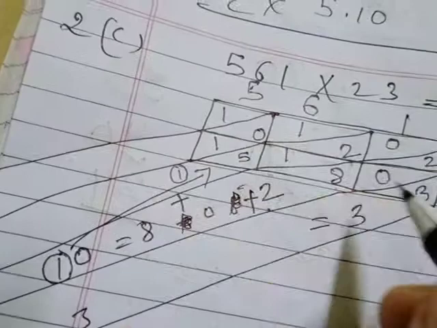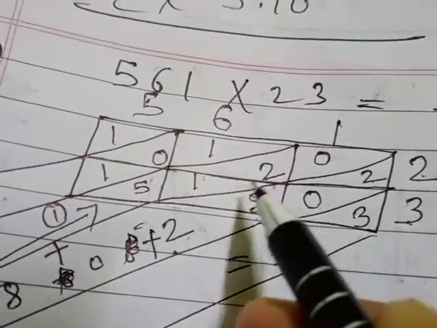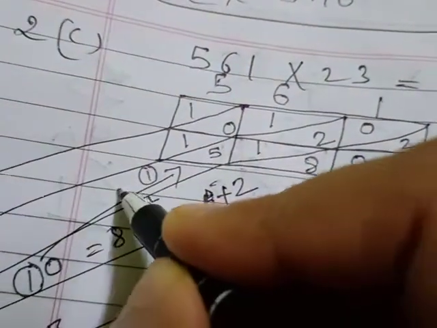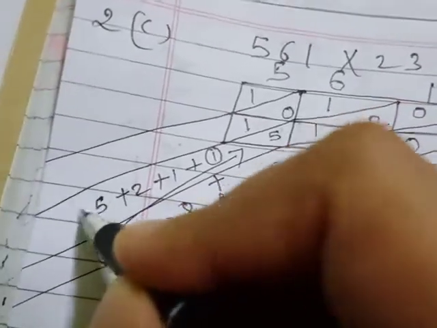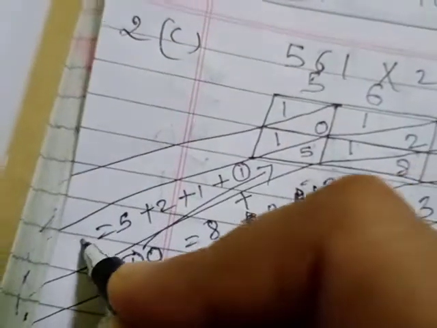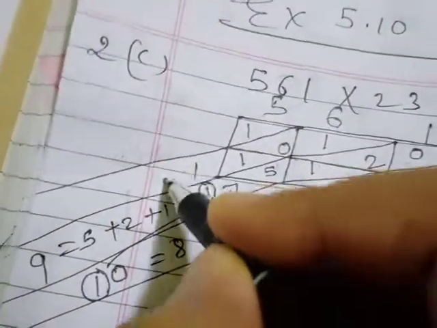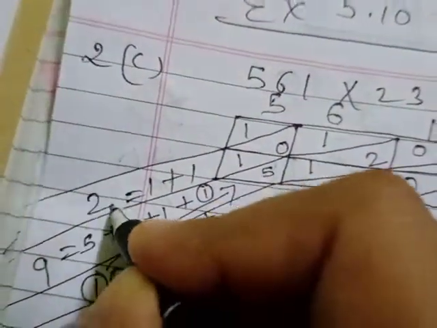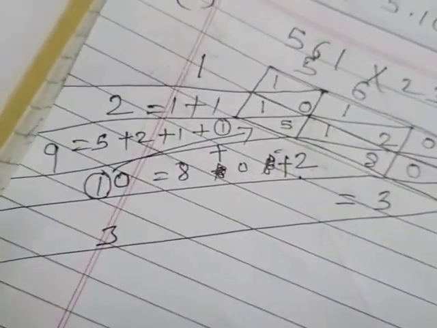Now here we have to add all these digits, 1, 2, 0 and 5, so plus 1 plus 2 plus 5. Now 5 plus 2 is 7, plus 1 is 8, plus 1 is 9. Clear? Then here we have 1 plus 1, middle 0, so no need to write that. Then here only 1. So here we have completed our addition.